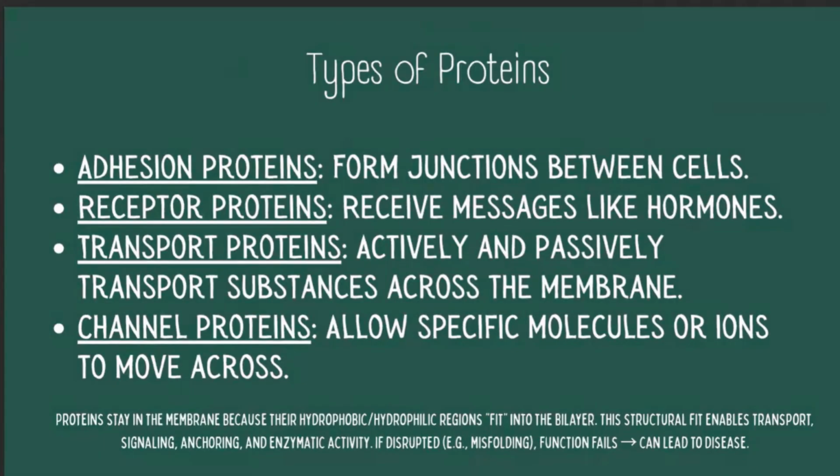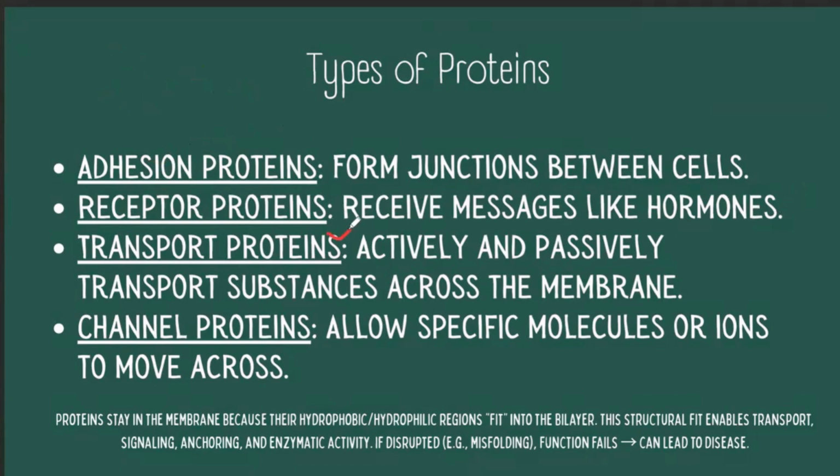Now, when we're talking about the different types of proteins, they could use other terms. For example, you could have an adhesion protein, and basically those are connections between the cells. You could have receptor proteins. Those are hooks for things like hormones that receive those different hormones.